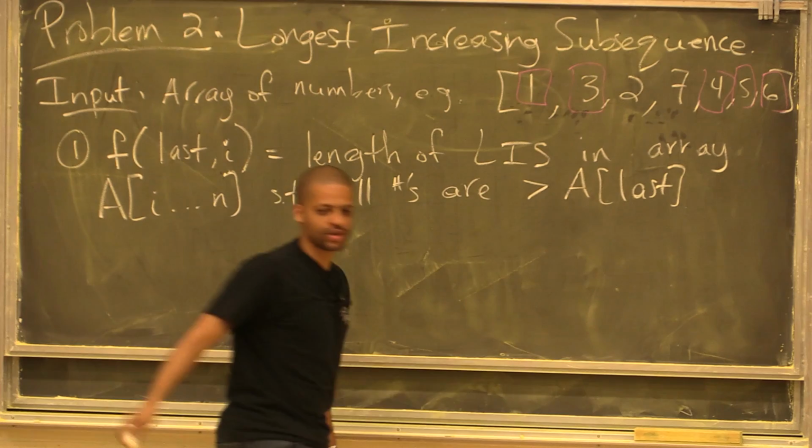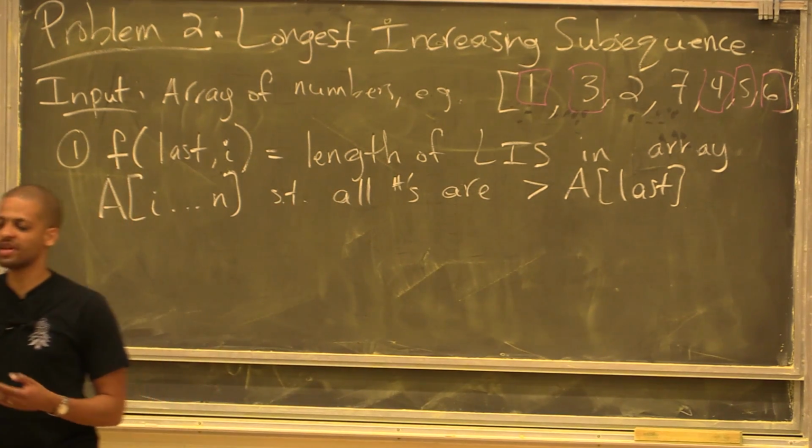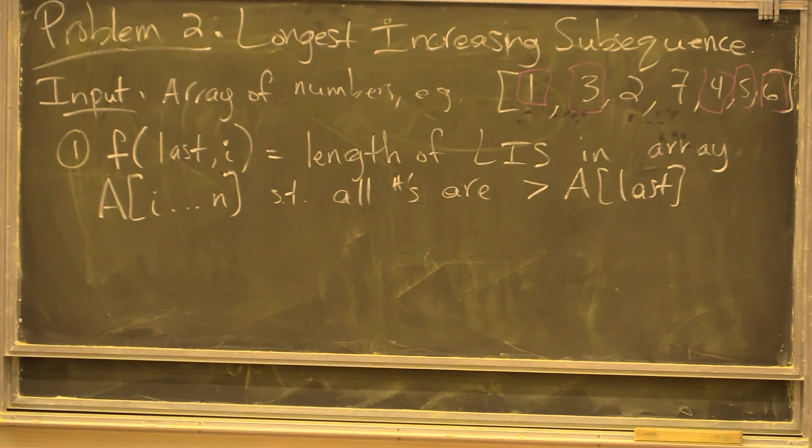Right? Because in my brute force search, what is the brute force search going to do? So it's going to walk over the array, and at every point in the array, it's going to say, let me take this element or let me not take it in my subsequence. And then recursively see which one's better. So as I'm doing the recursion, I need to remember what is the last element I took. Because I need to make sure that the next thing I take is not smaller than it.